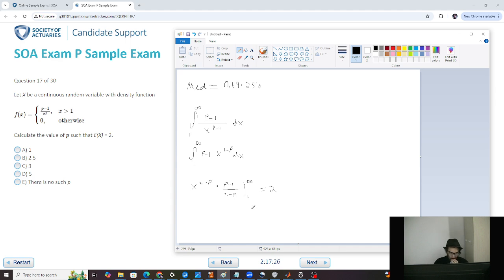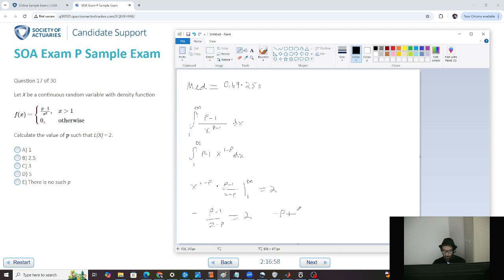The answer choices would do that too. So you plug in x equals infinity, and this is just going to 0. You plug in x equals 1, and 1 to whatever is just 1. So what we have is the negative of (p minus 1) over (2 minus p) equals 2.